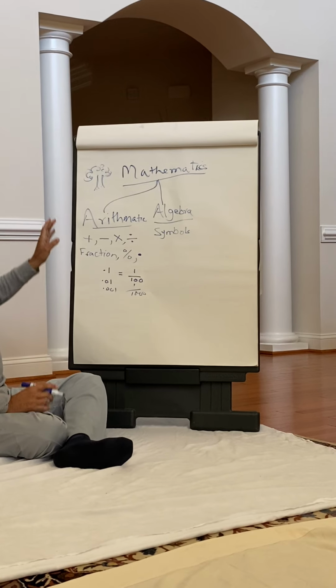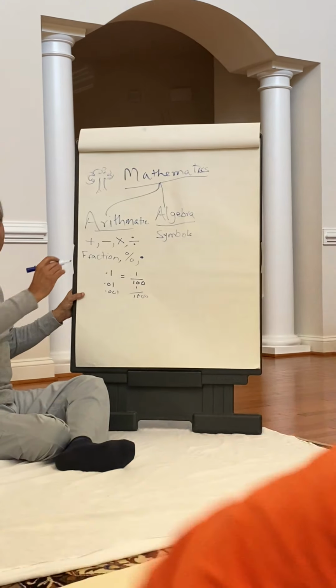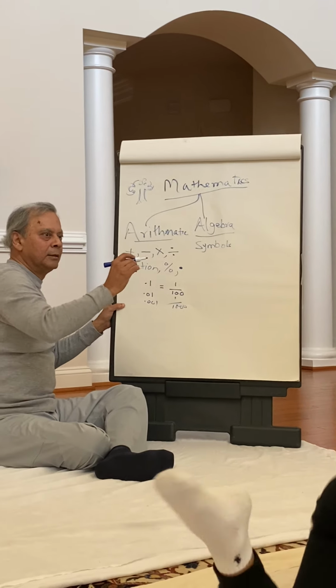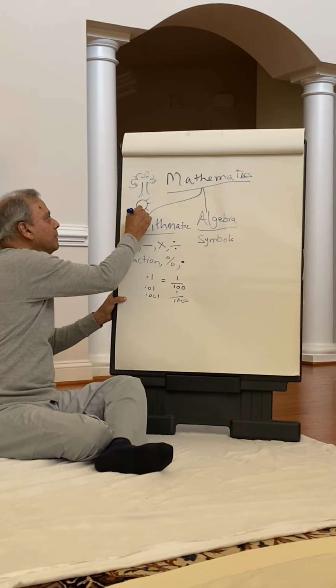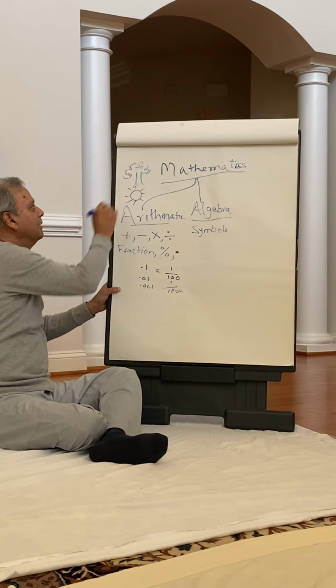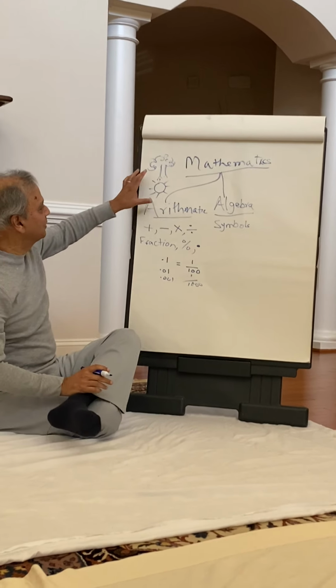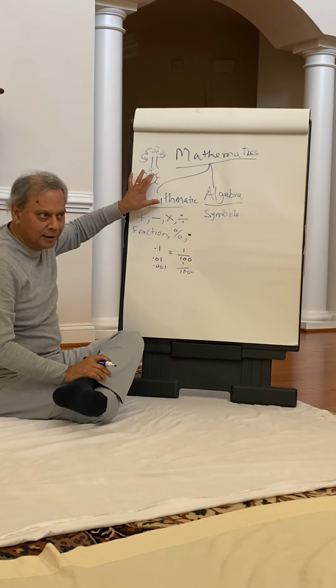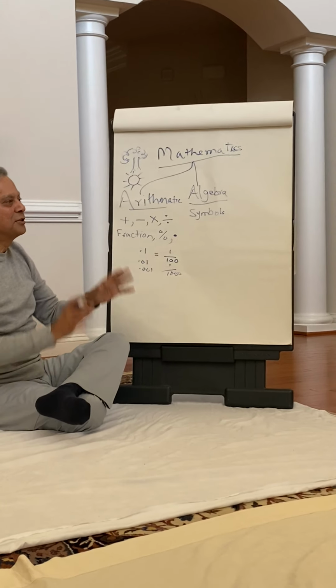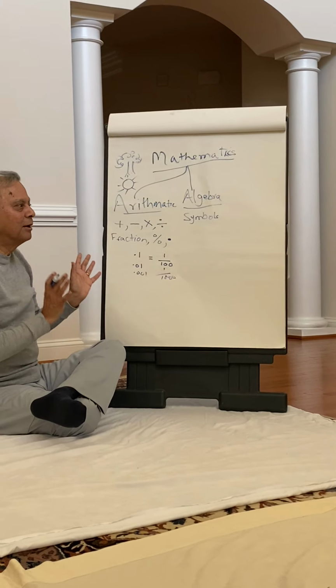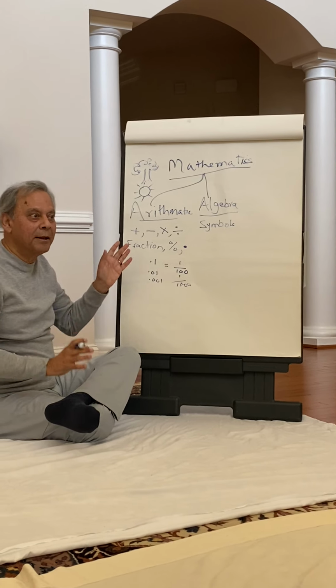When I draw a picture like this, it's a symbol of the sun. You say this is the sun, but this is not the sun. This is a symbol of the sun. Right? So similarly, you can write symbols of numbers.